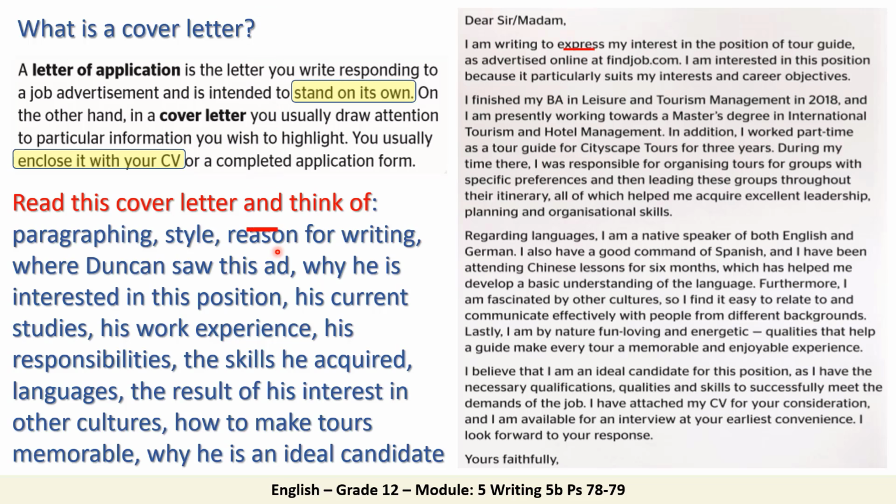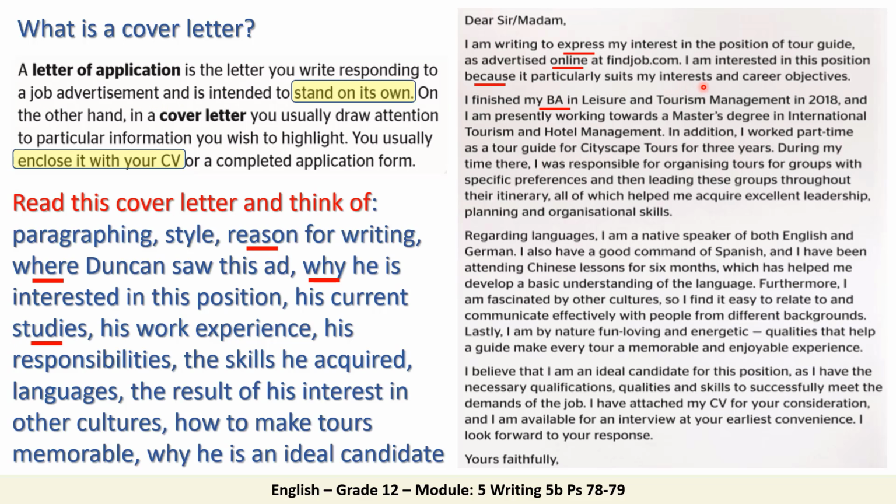About the reason for writing, Duncan is writing to express his interest in the position of a tour guide. How about the place where Duncan saw this ad? He saw it advertised online at findjob.com. About the reason why Duncan is interested in this position, he says he is interested because it particularly suits his interests and career objectives.